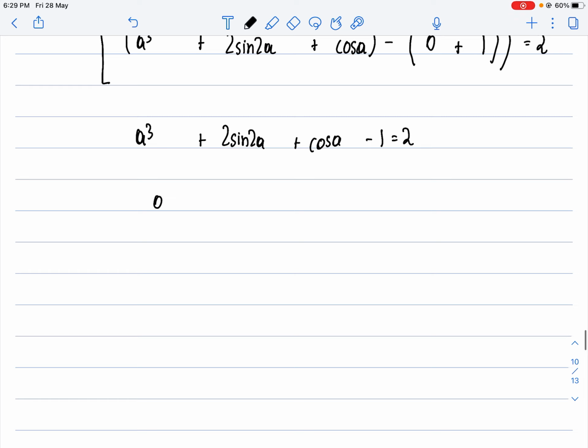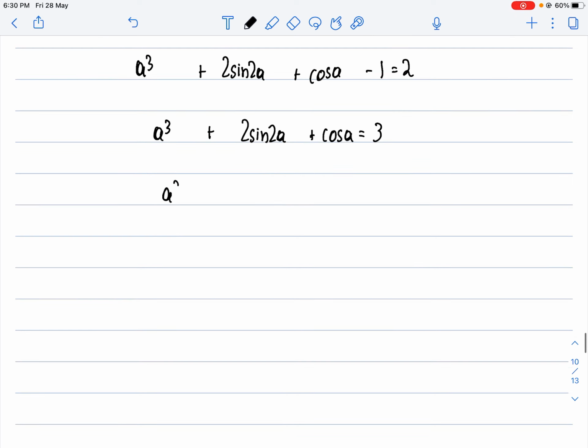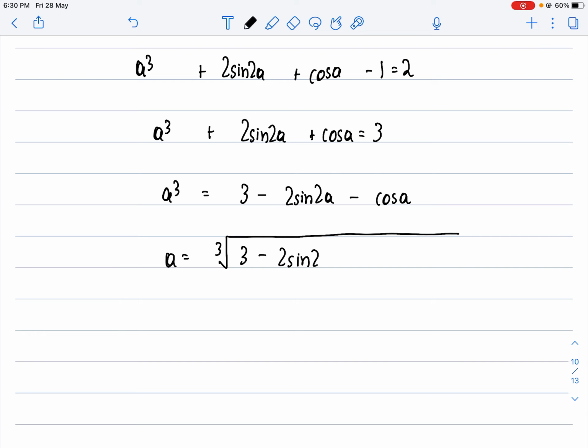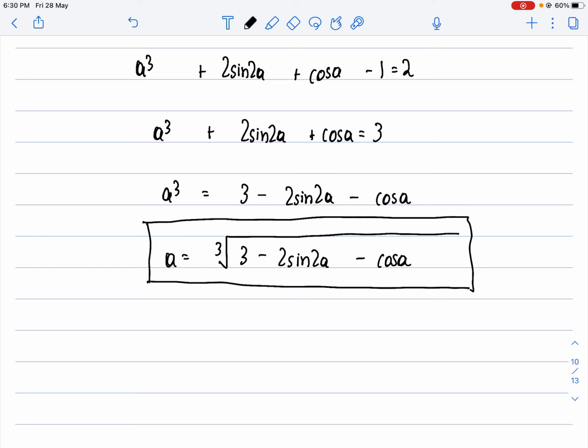So a cube plus 2 sine 2a plus cos a minus 1 equals 2. When minus 1 goes to the other side, this will become 3. So a cube equals 3 minus 2 sine 2a minus cos a. So a equals the cube root of 3 minus 2 sine 2a minus cos a, which is the final answer and what we needed to prove in the question.